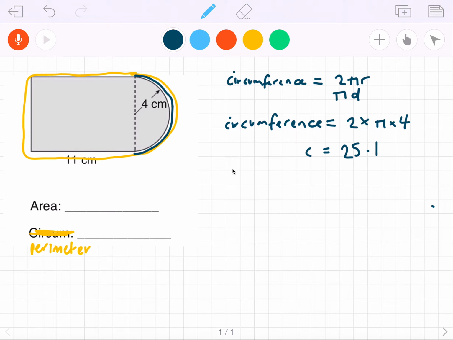Now, hopefully you've noticed that that would be the circumference of the whole circle.